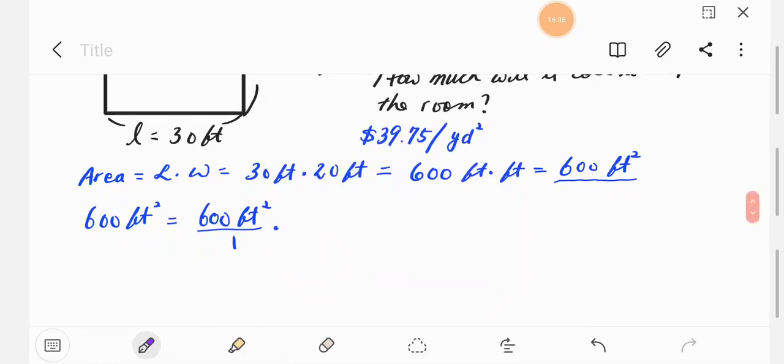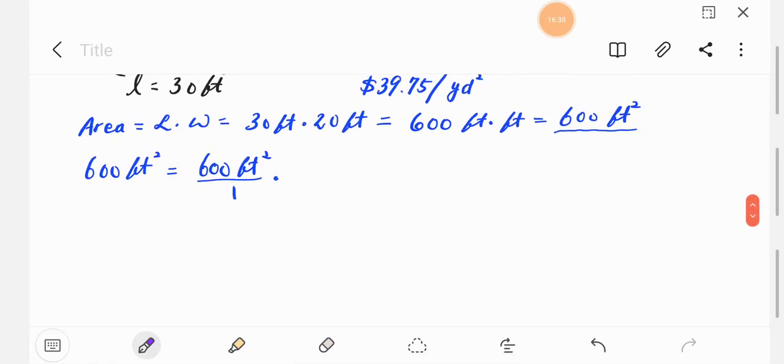So what is the conversion rate for feet and the yard? Now we know that 1 yard is 3 feet, right? If you square each side, then 1 square yard will be 9 square feet, right?